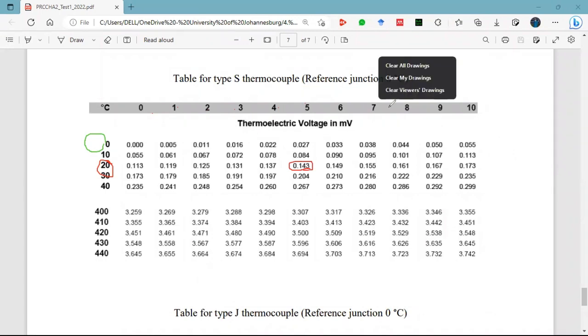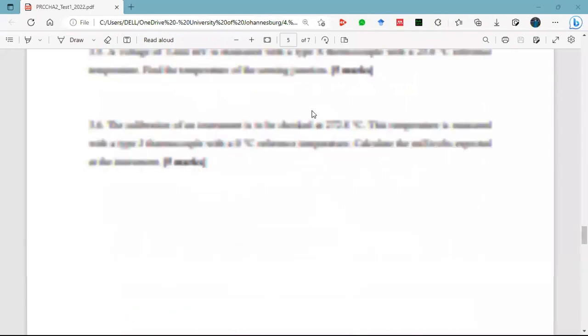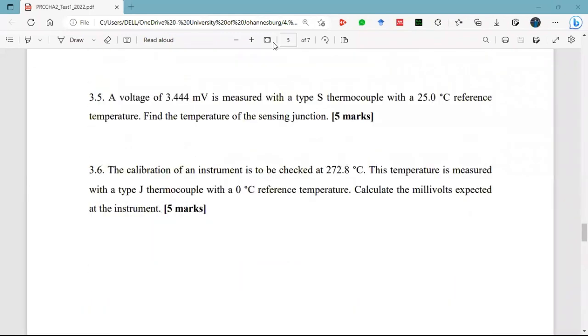So that's the output that you get, 0.143, before I forget it. Okay, at 25 degrees on a data table that is at 0 degrees reference temperature, you get 0.143, right? This is going to give your new voltage output.